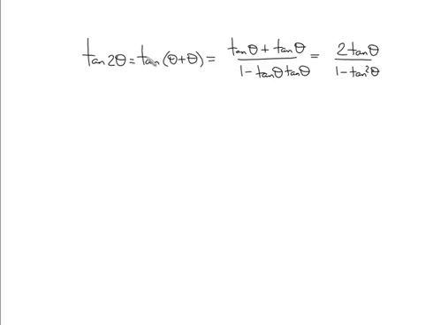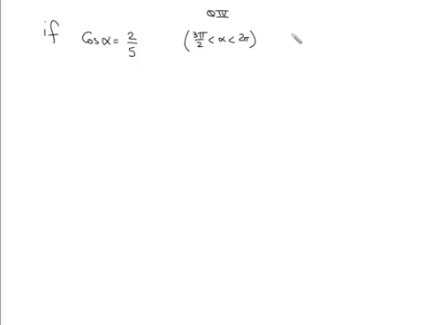And so let's take a look at the following problem. If cosine of alpha is equal to 2 over 5, and they tell us that alpha is between 3 pi over 2 and 2 pi, which means we're in quadrant 4.